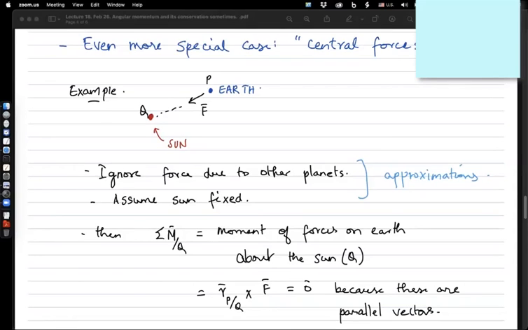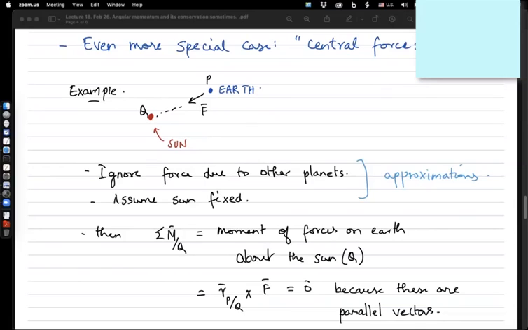if they're parallel vectors, in other words, aligned in the same direction or opposite directions, the cross product of two vectors that have basically 0 angle between them is equal to 0.